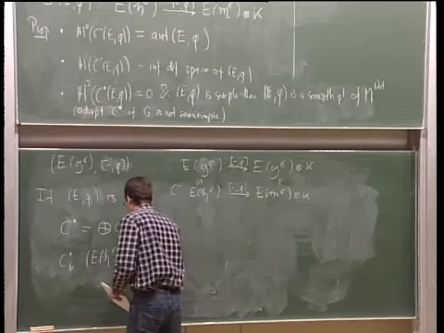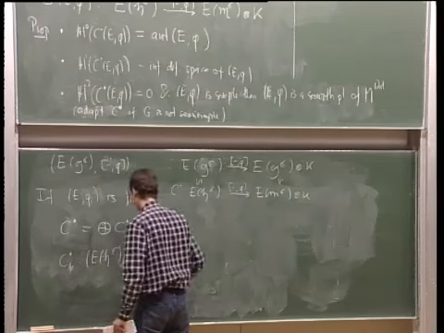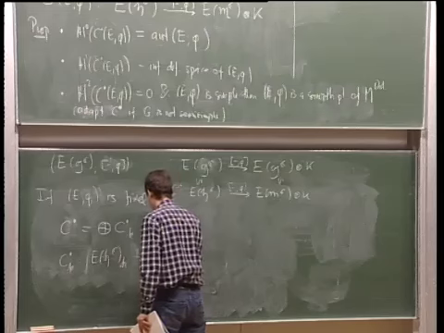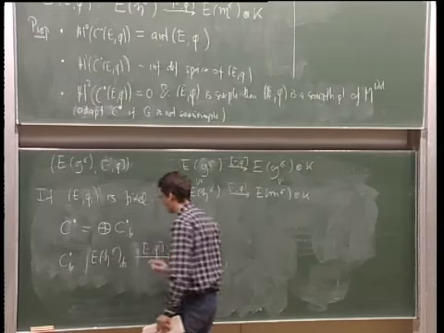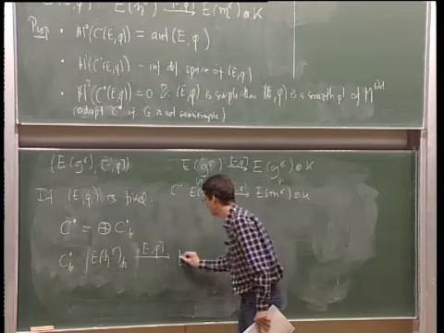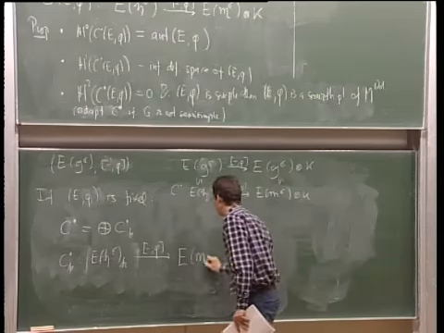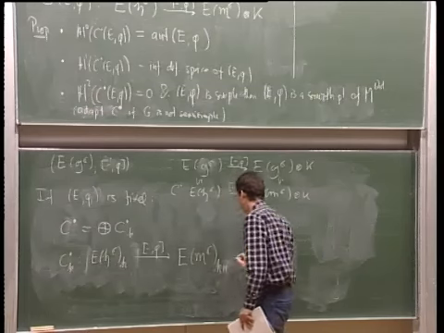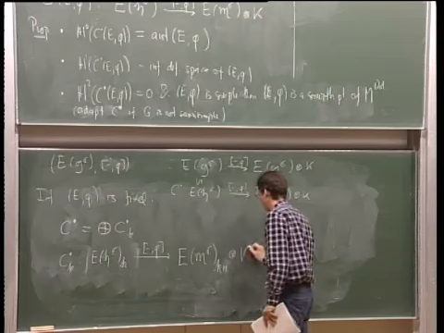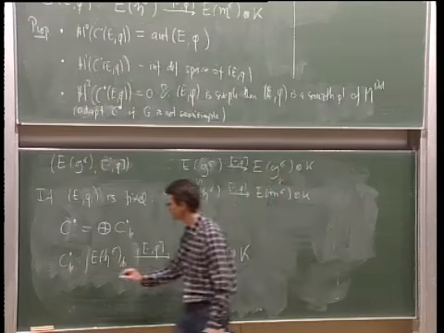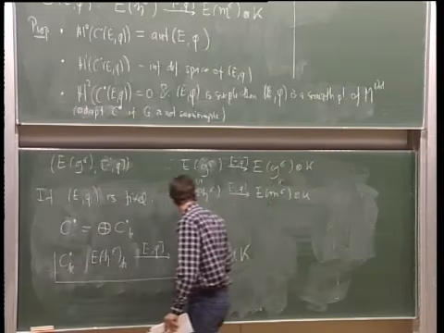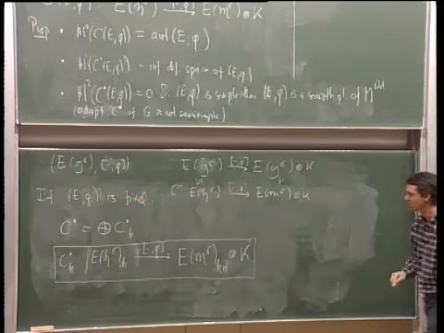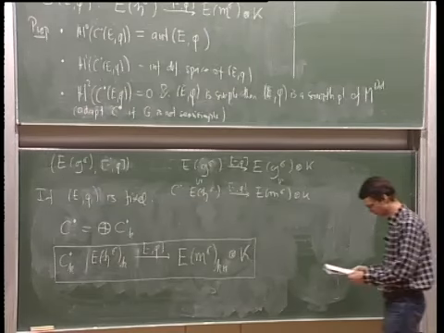So let me call this E C_k. Well, the fact that the Higgs bundle has weight 1 means that it goes like this. Okay, so we have these subcomplexes of the deformation complex, the weight k subcomplex.